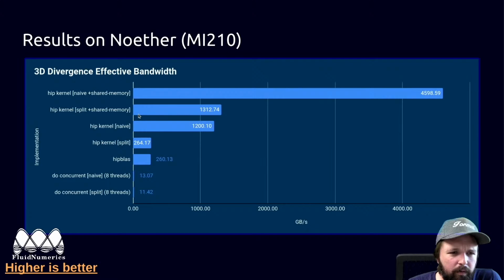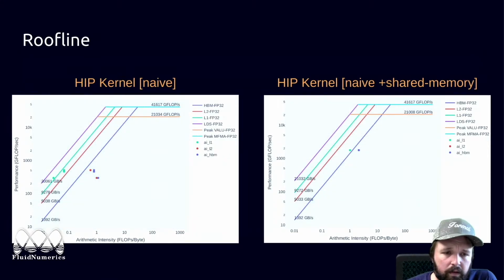Down below, if I just use my split kernels, we're at about 1.3 terabytes per second, and our HIP kernel naive with no shared memory, we're just shy of what I would call sustained bandwidth. But again, the HIP kernel split is particularly quite low without using shared memory, and HIP BLAS is right about the same level of performance.